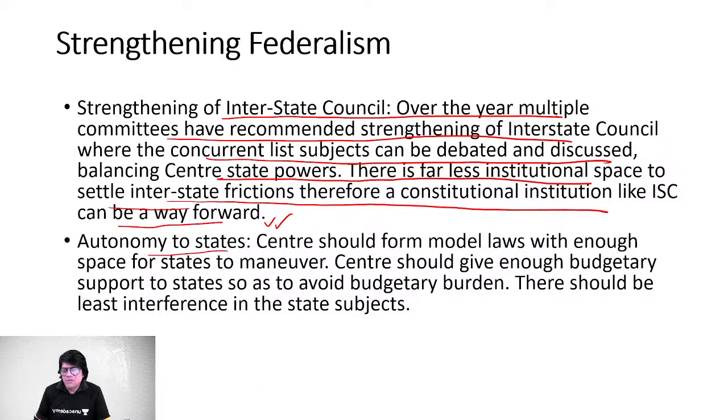And autonomy to states. The center should form model laws which provide enough space for the states to maneuver, and the center should give enough budgetary support to states, so that their progressive projects and various plans can be executed without any obstacle.